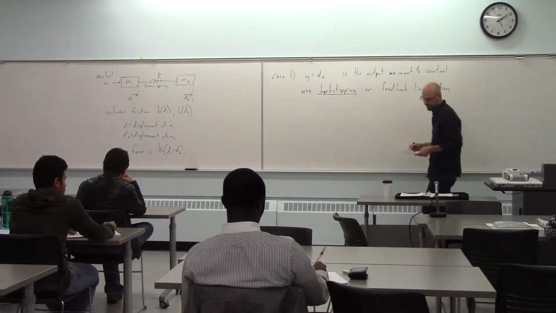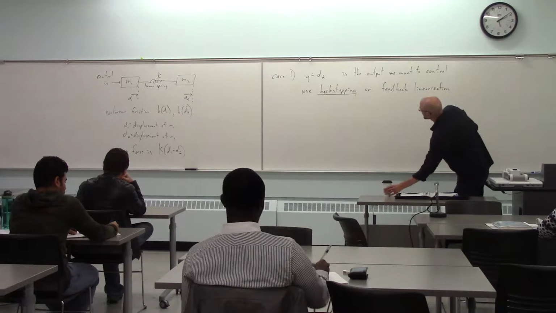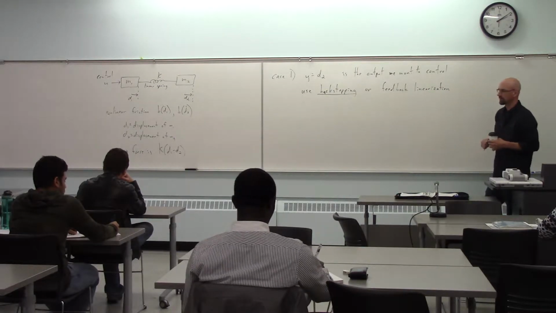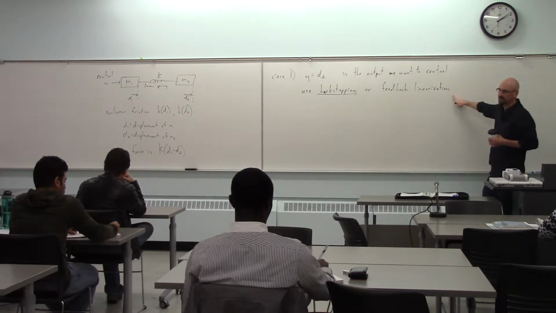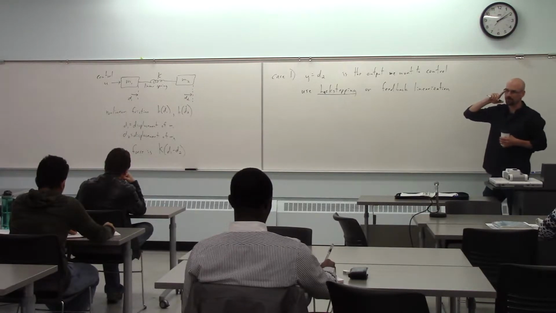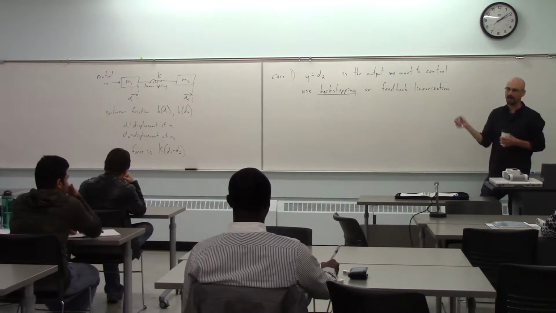I underline backstepping because that's what I'm going to show you how to do today for case 1. I'm not going to show you the feedback linearization for case 1.